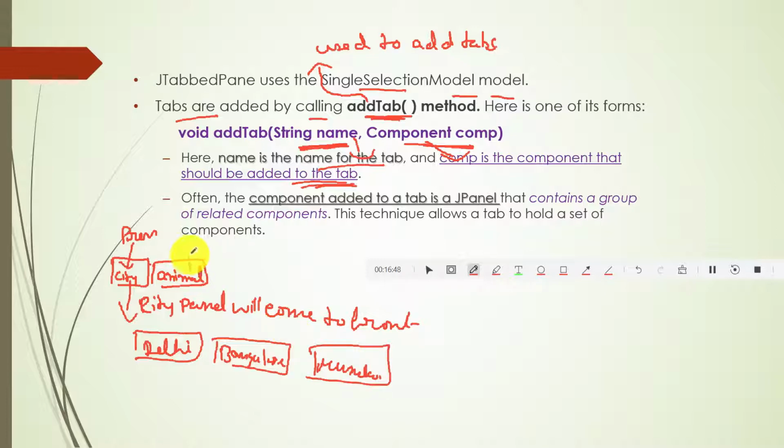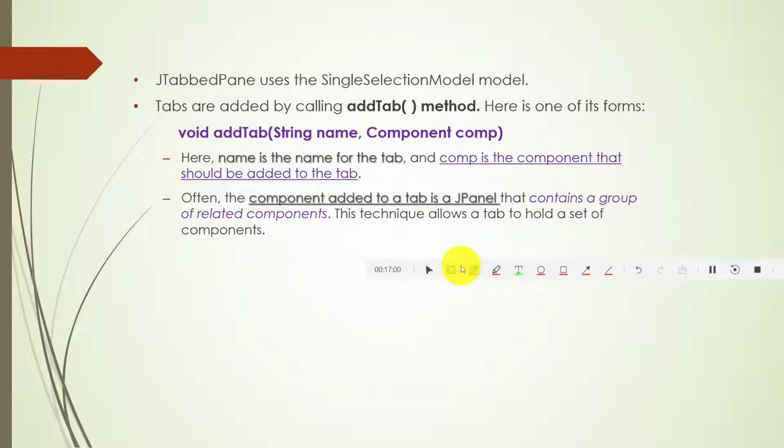Now I press on animal. Let me use a different one. Say I create one more pane here, the animal tab. So this is city, which I have already shown you. Now when I press this, what will happen?